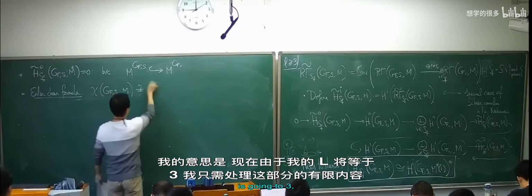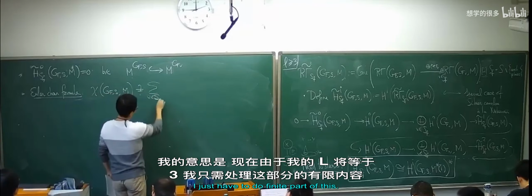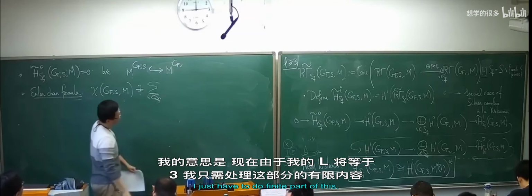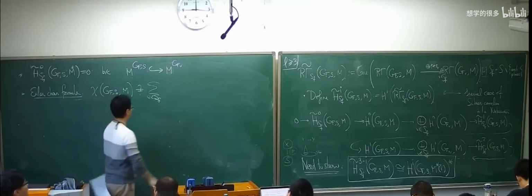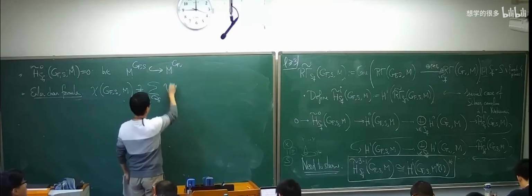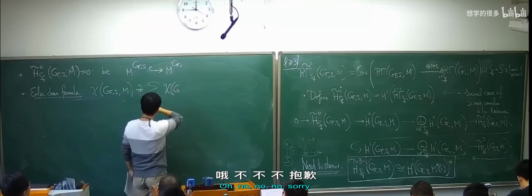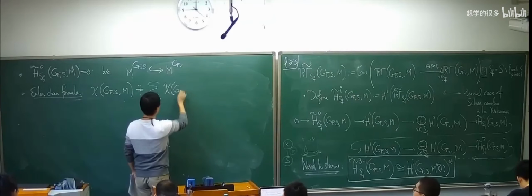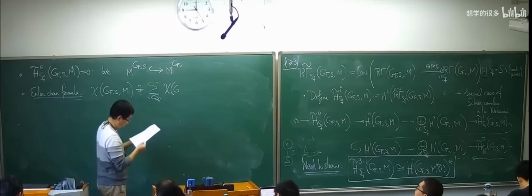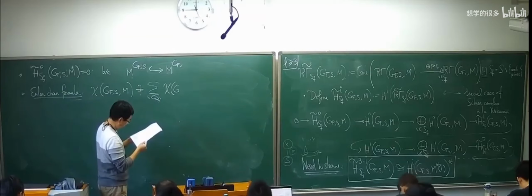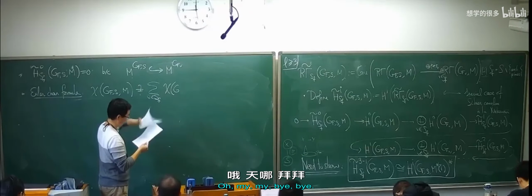Because my L is greater than or equal to 3, I just have to do the finite part of this. Right. Oh no. Sorry. I forgot. So hold on a sec. My bad.